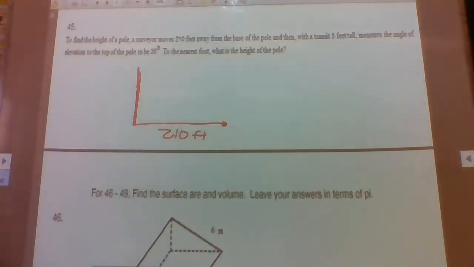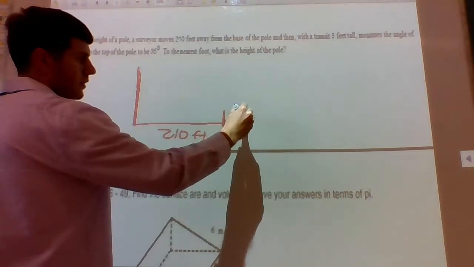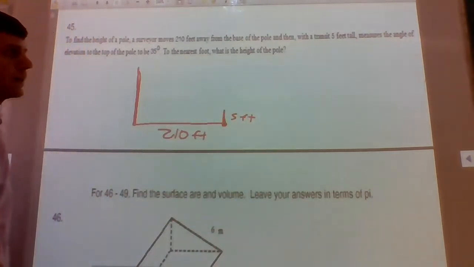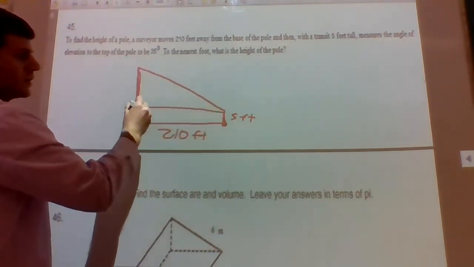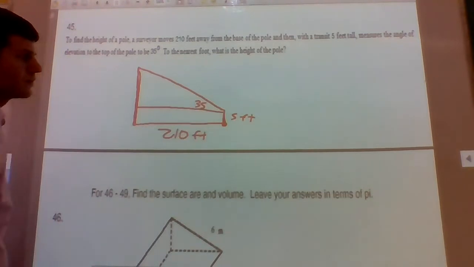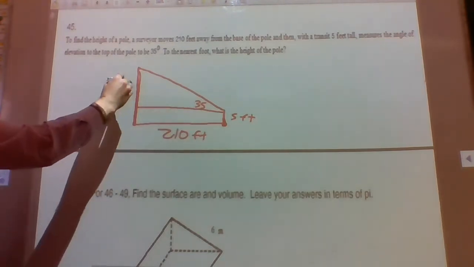And then with the transit, 5 feet tall, he measures the angle. So a 5 foot tall transit, 5 feet. He measures the angle of elevation to be 35 degrees. To the nearest foot, what is the height of the pole?